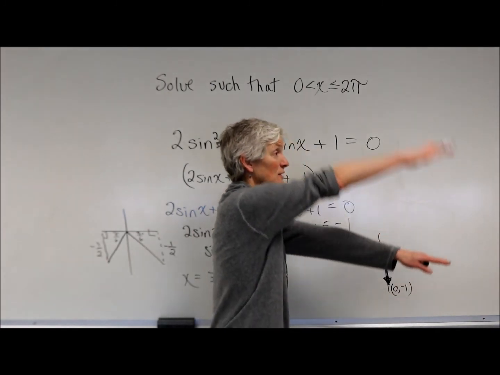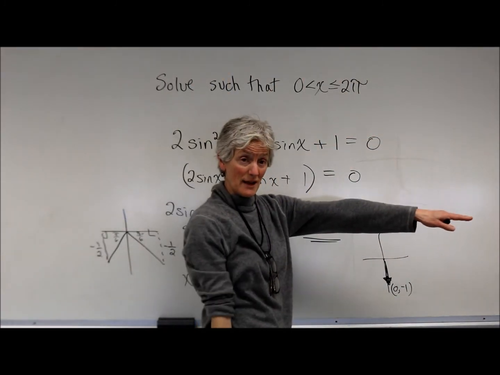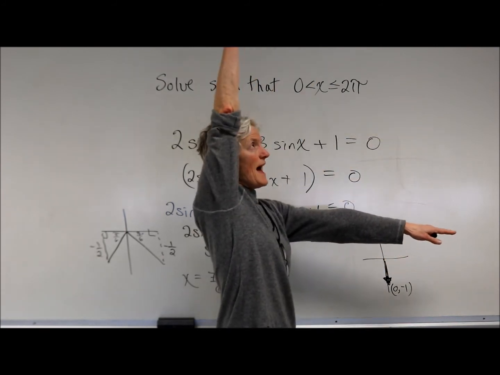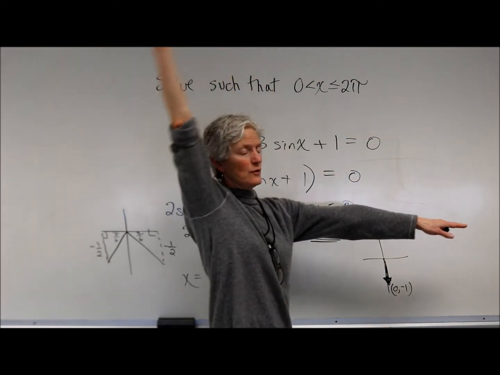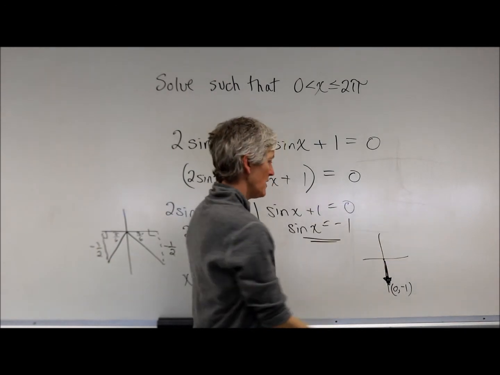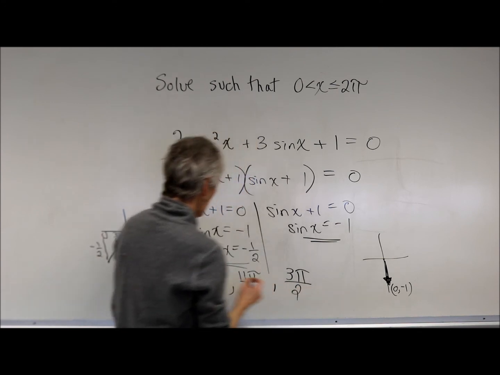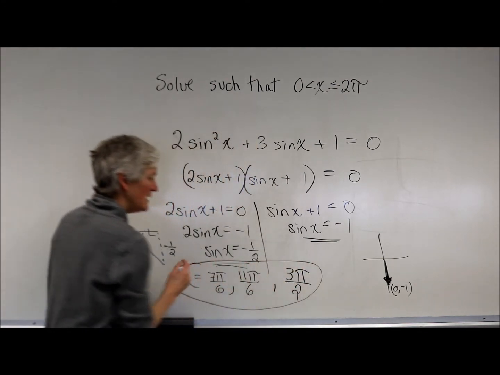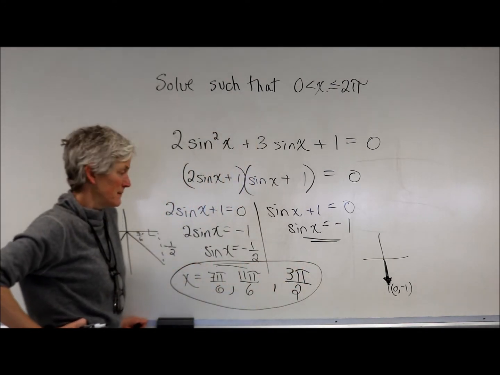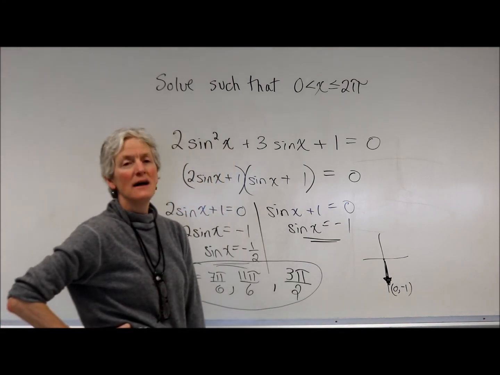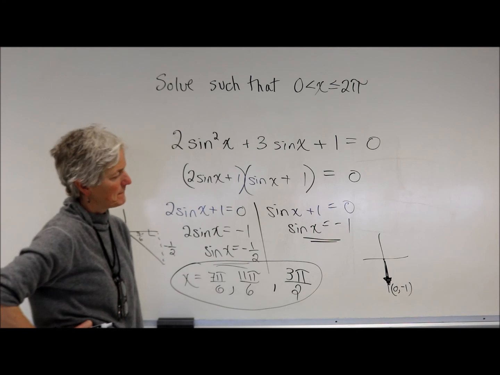And that is 270 degrees. In radian land, that's, let's see, 1/2 pi over 2, 2/2, 3 pi over 2. So there I had 3 solutions. And there's only one solution to that right part, correct? Only one solution because it ends up on an axis. On an axis, yep.